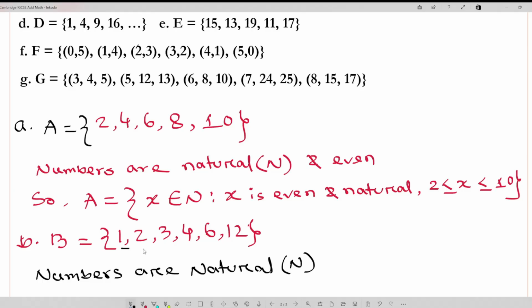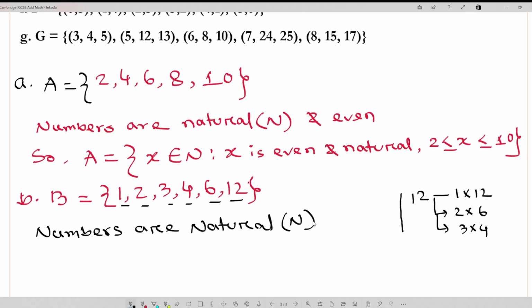Look, 1, 2, 3, 4 is a sequence, but here is 6 and here is 12. 12 we can write as 1 times 12, also 2 times 6, also 3 times 4. It means 1, 2, 3, 4, 6, 12. So this is the factors of 12.